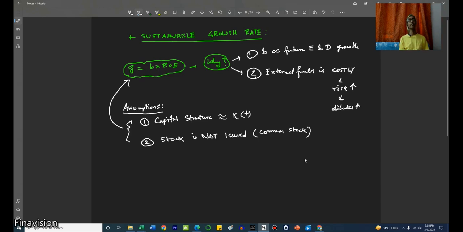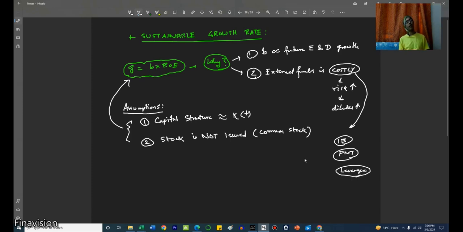Now the question may come, external funds, why are they costly? This costs IB charges, that is investment banking charges, and coupons. If you are taking debt, you are increasing your leverage and you are paying coupons, right?